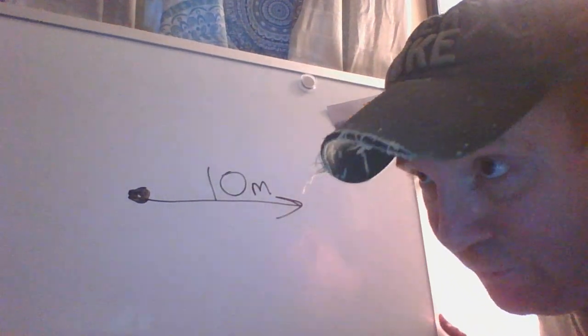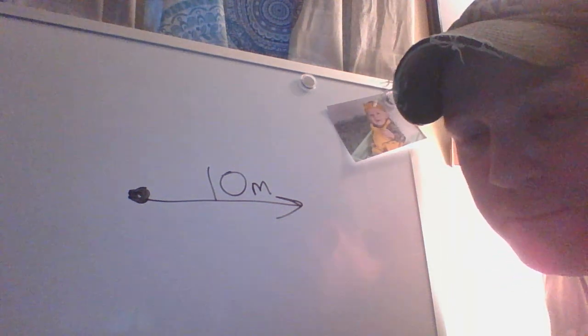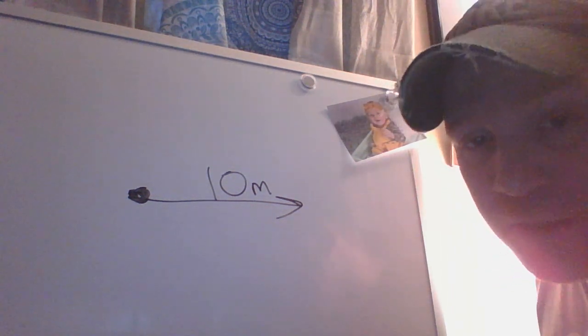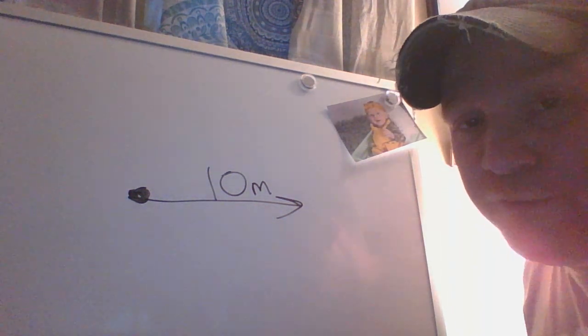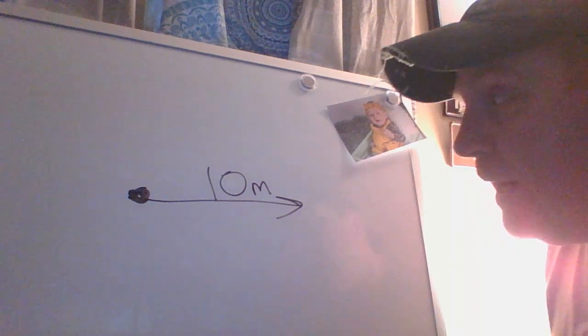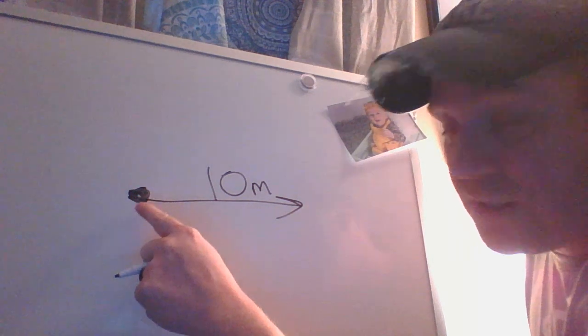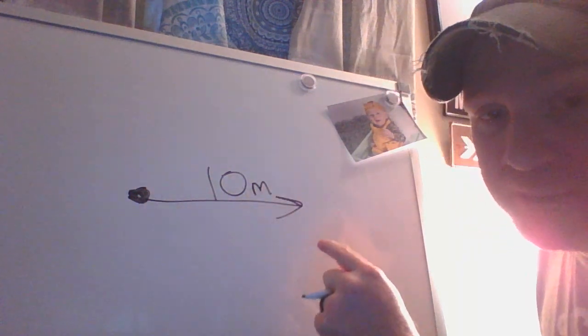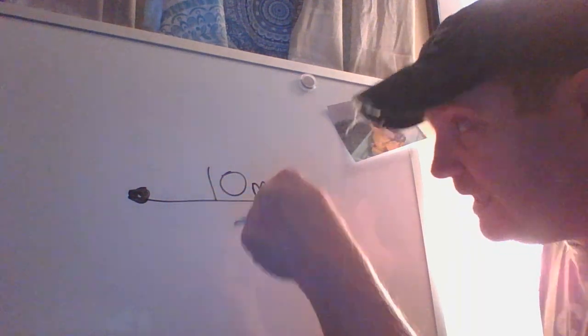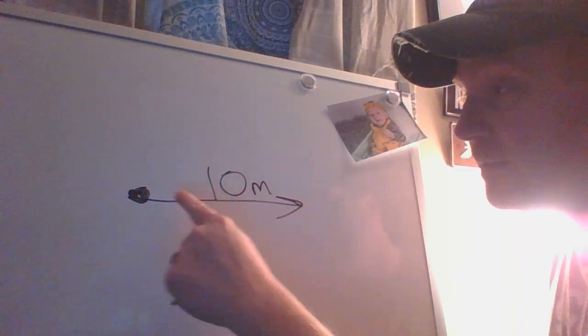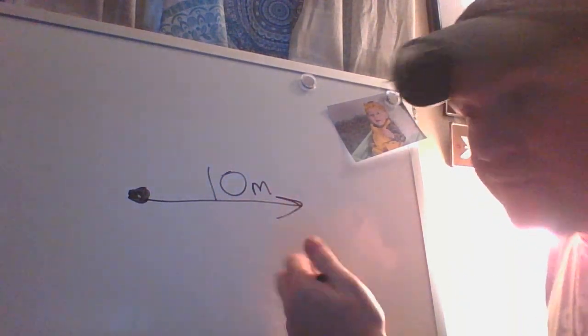Don't forget, this is physical science, so you're going to see meters, centimeters, kilometers. You're not going to see inches, feet, yards as much. Okay, so this object right now, from its original starting point, has a displacement of 10 meters to the east and a total distance traveled of 10 meters.